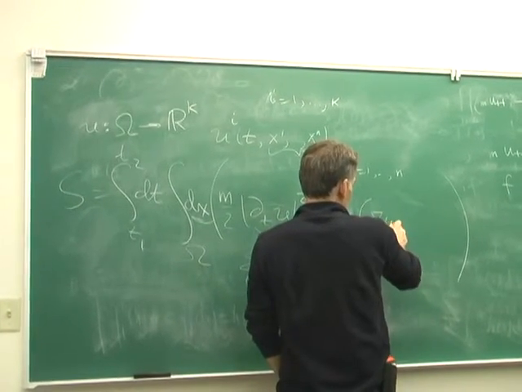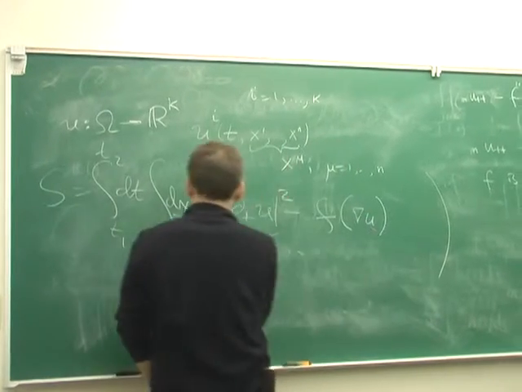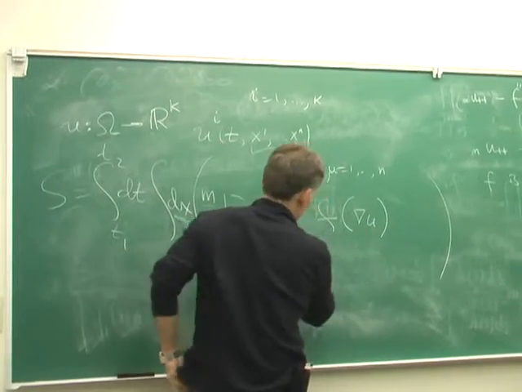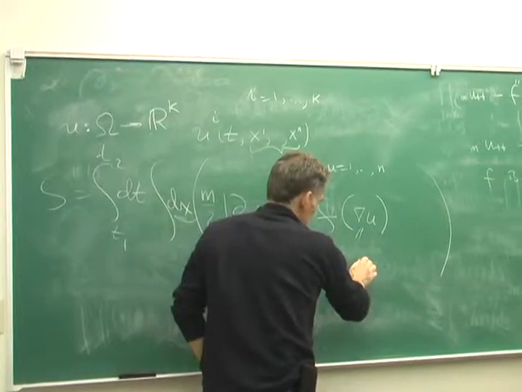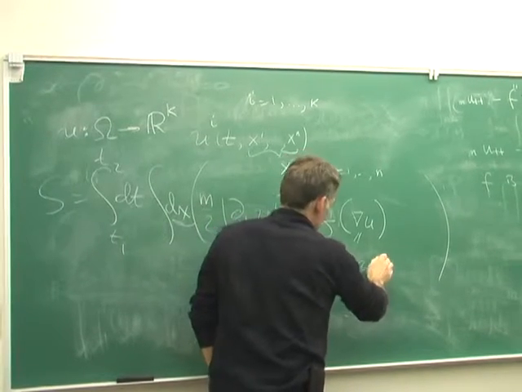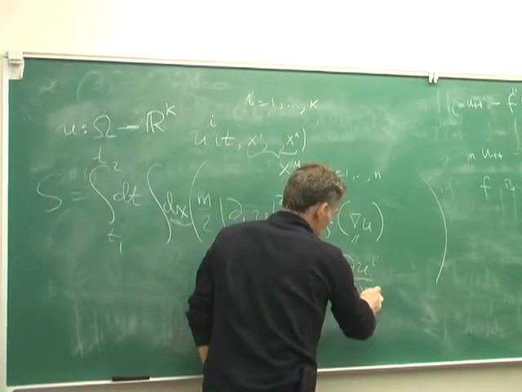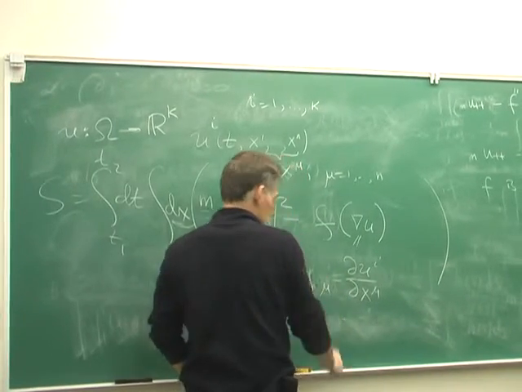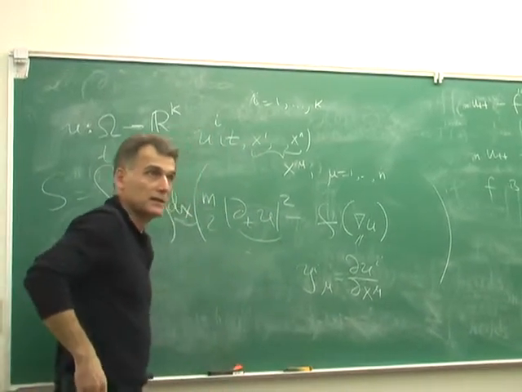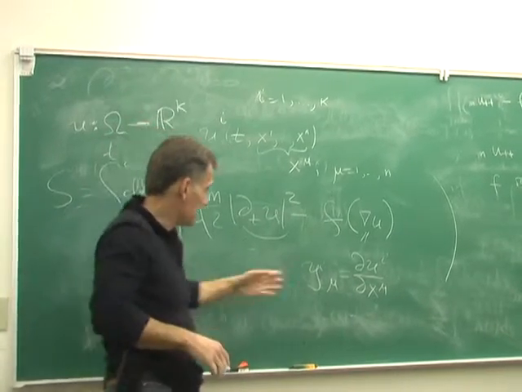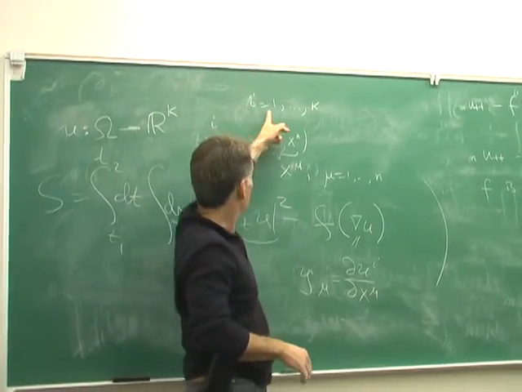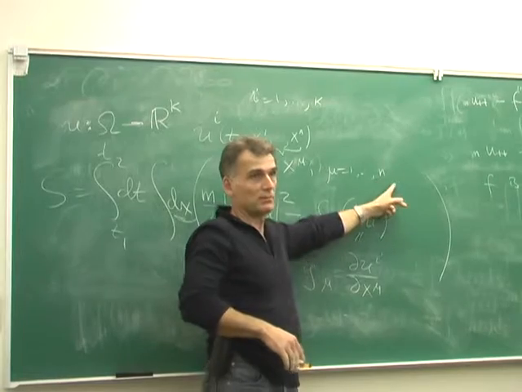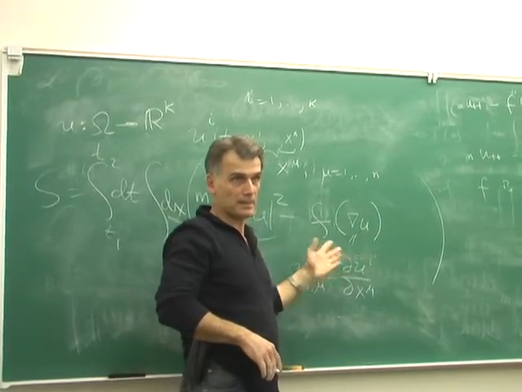Let me call it y^i_mu. It is two indices, right? So if you want, it's a rectangular matrix where i goes from 1 to k and mu goes from 1 to n. Is that clear?